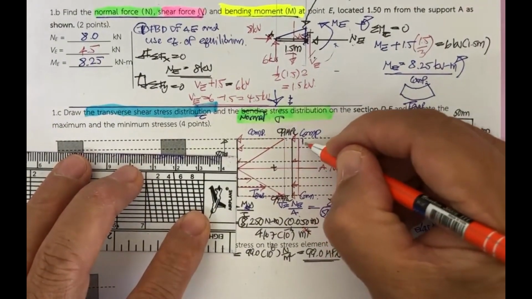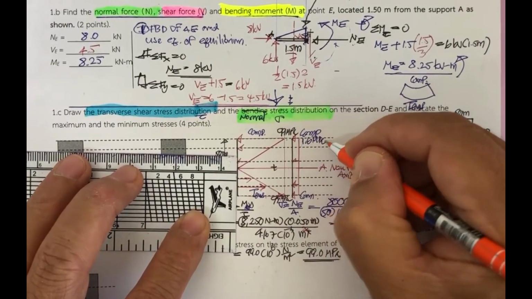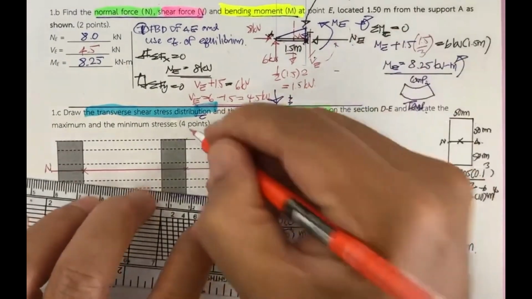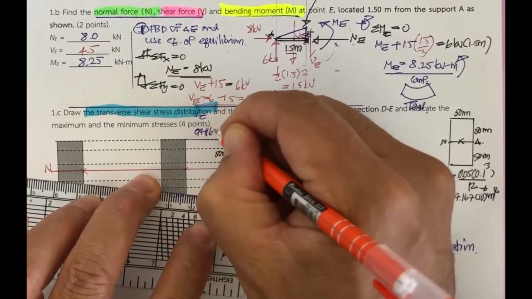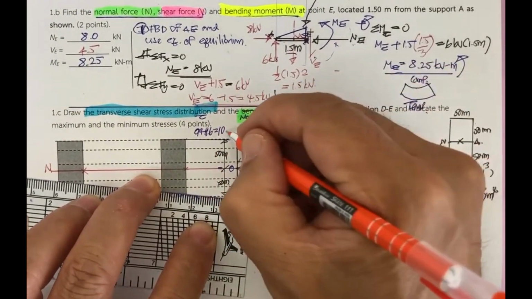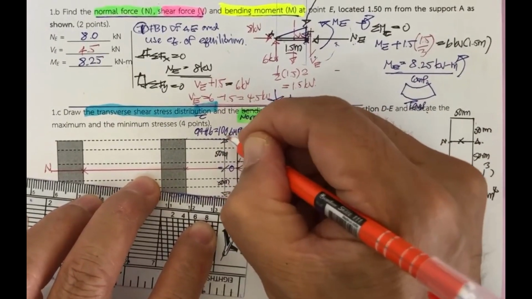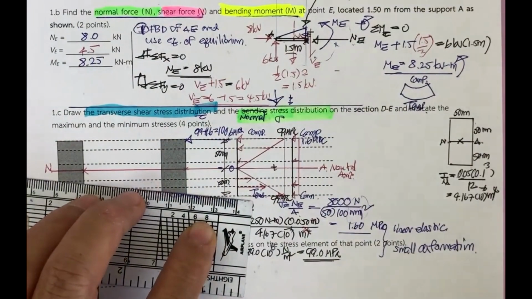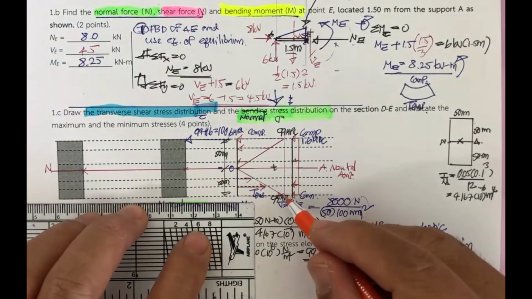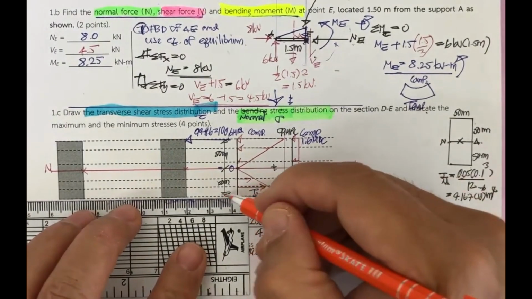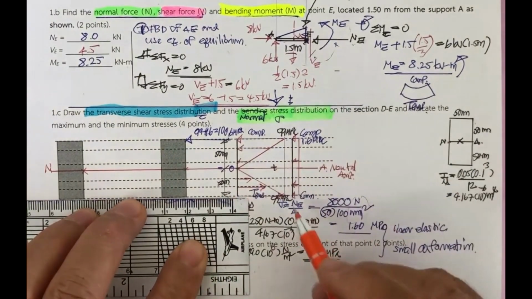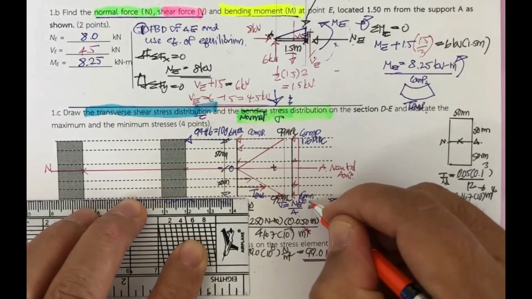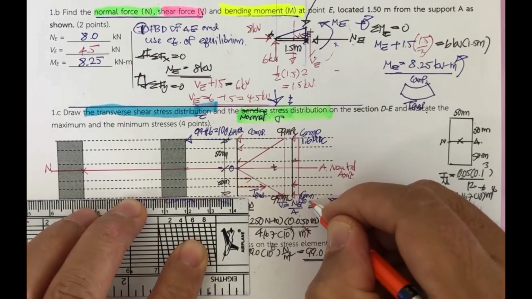This is going to be 1.6 megapascal plus 99. That is going to be 100.6 megapascal. So this is going to be large compression. Okay, and then on the bottom, this is tension, this is compression, so it is going to be reduced: 99 minus 1.6.